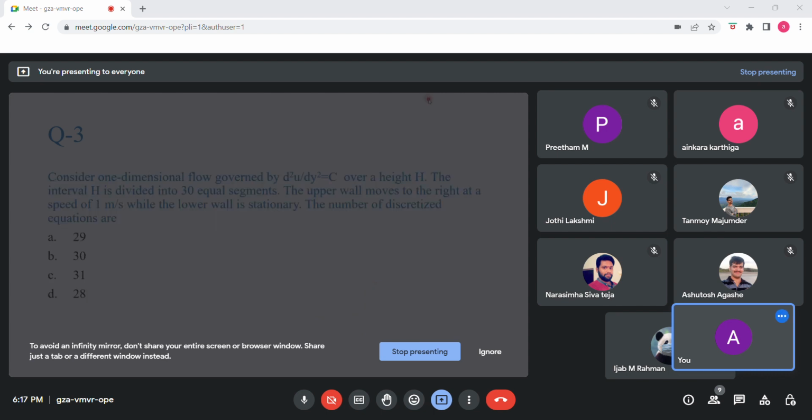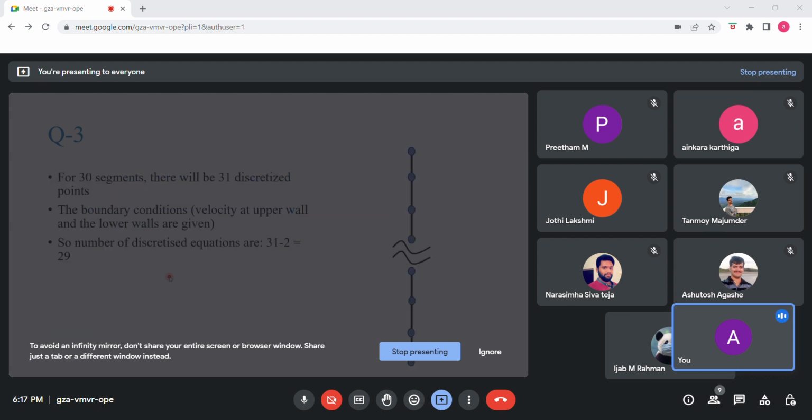In this question it is asked: d square u by dy square is equal to c over a height of h, where h is divided equally into 30 segments, and we have the boundary conditions at the top and the bottom wall. The question asks how many discretized equations will be there for the system. To see that, we'll look at a small system equally divided into 3 segments.